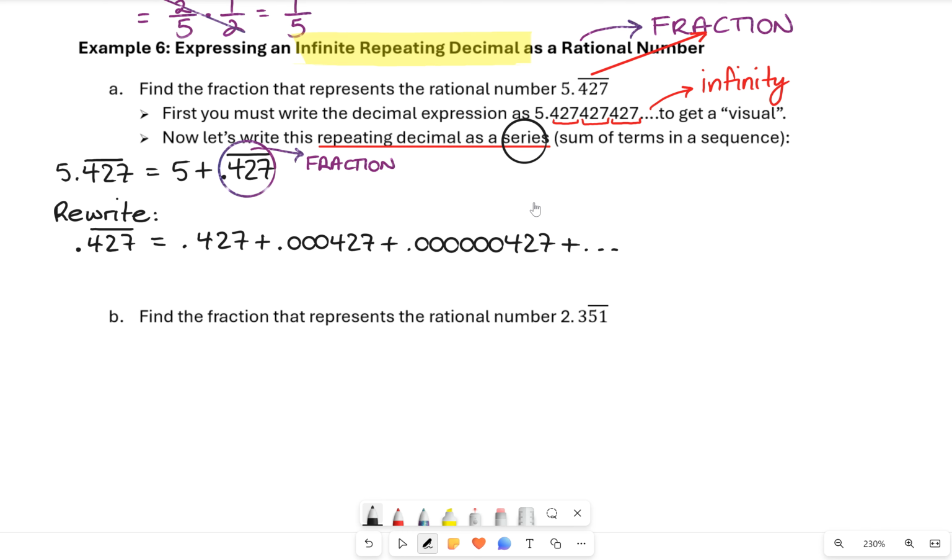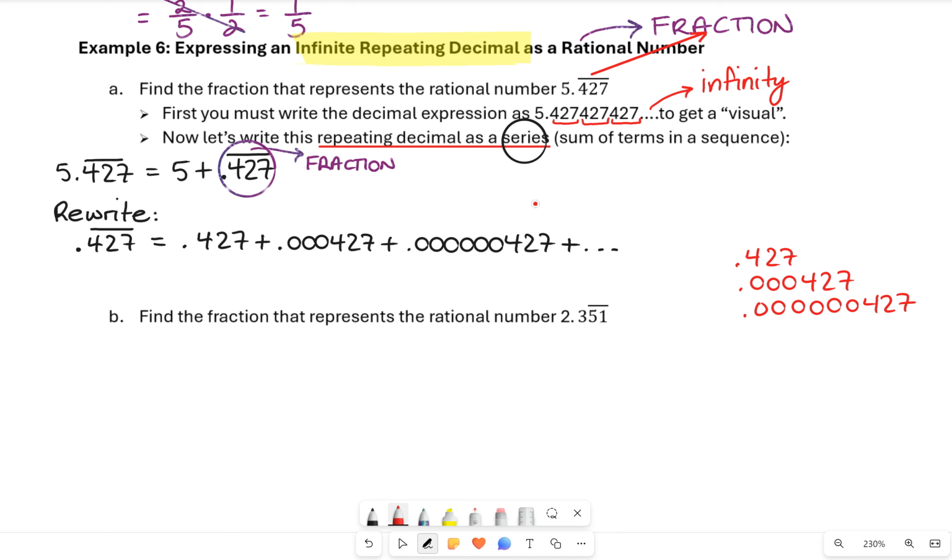Think about it. If we wrote it one above the other, watch this, 0.427, and the next term, 0.000427, 0.000000427.